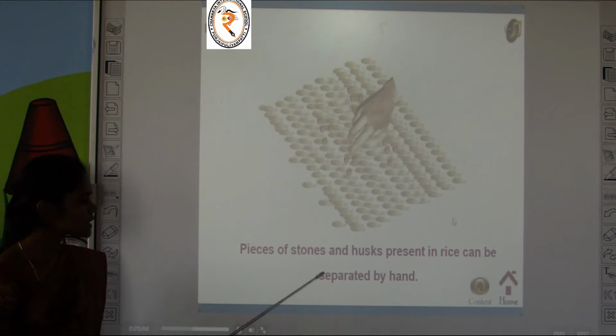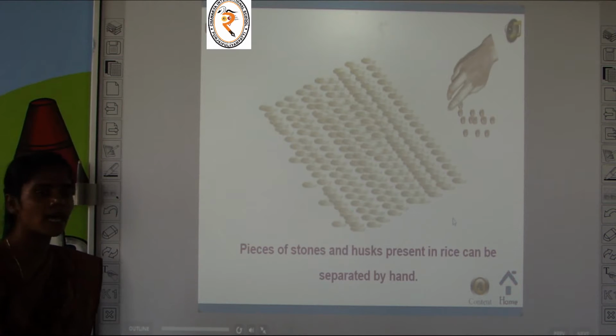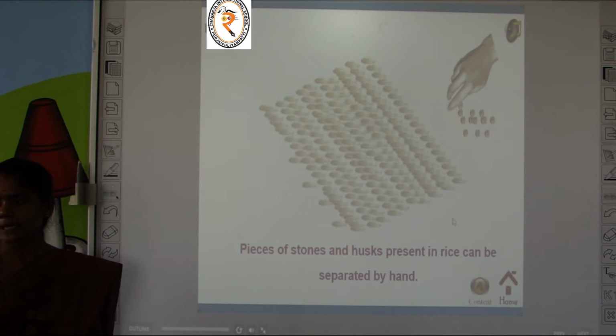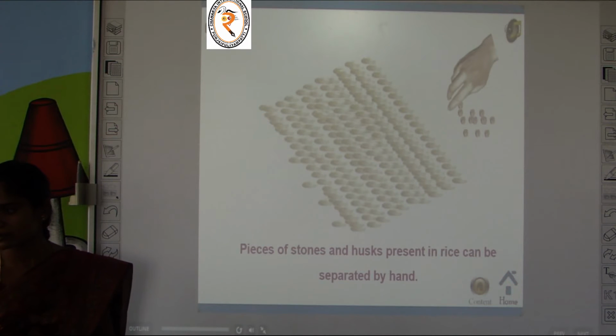Pieces of stones and husks present in rice can be separated by hand. What is called husk? The unwanted or undesirable particles are called husk. So we can separate stones and husk present in the rice with the help of our hands. This is an example of the hand picking method. And the next one.